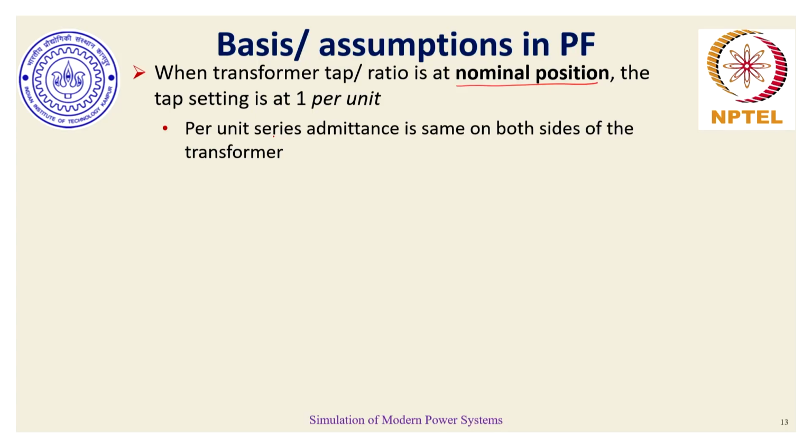There is no impact of nominal tap position at all in per unit analysis. So that is what I mean: if a transformer is operating at its rated nominal tap position, in the per unit system, which is the case for power flow analysis, the per unit series impedance would remain the same on both sides, and hence this transformer can be easily modeled as a typical resistive, inductive, capacitive line, the way transmission lines are modeled.